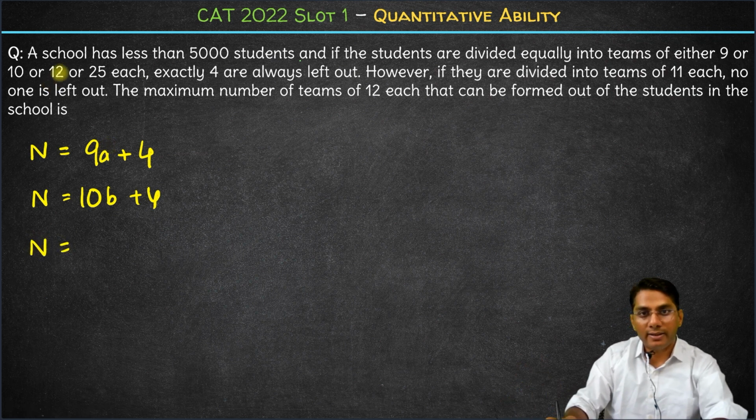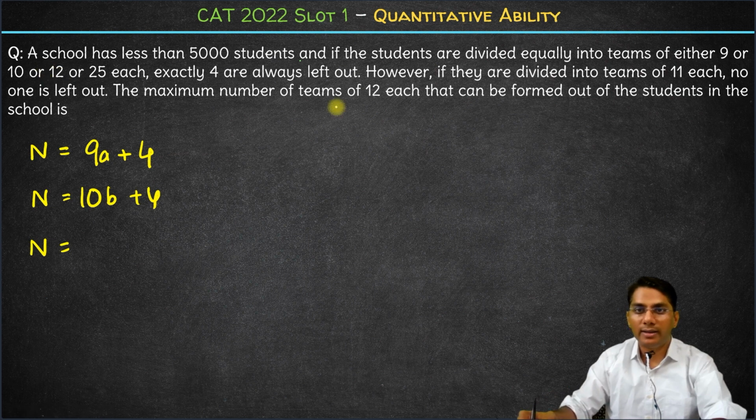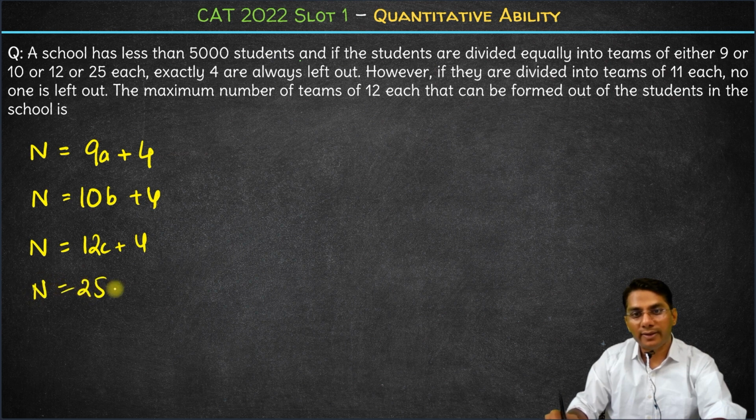Similarly, when n is divided by 12, it leaves again a remainder of 4. So n will be of the form 12c plus 4. And also when divided by 25, it leaves a remainder of 4. So n will be of the form 25d plus 4.